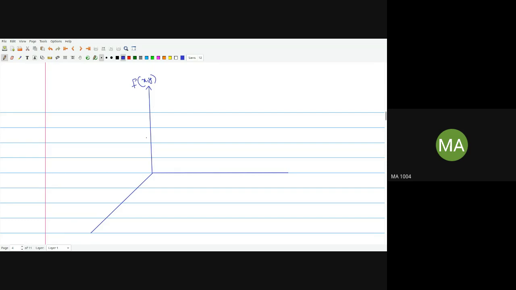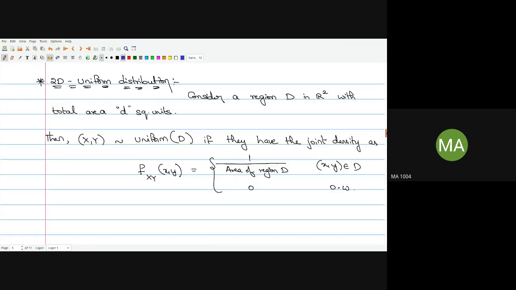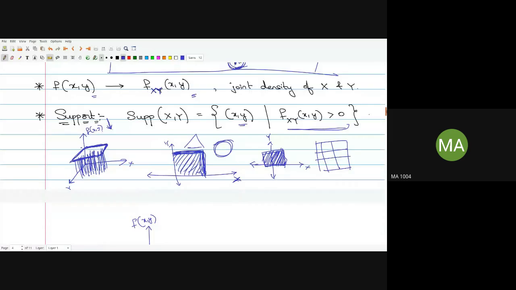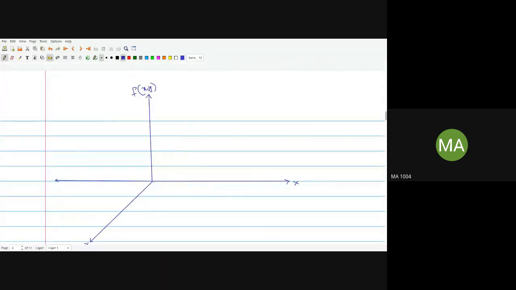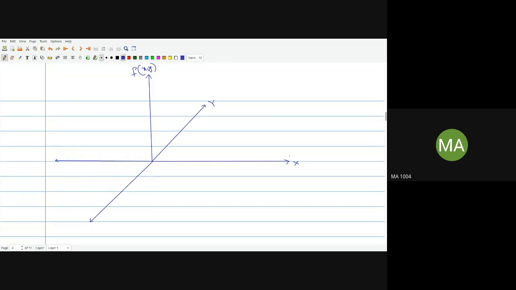That means whatever the curve or the 2D curve comes, that should be above the x and y plane. So this is x and this is y. So let us take the first example only. Okay, so this is x, this is y, this is f(x,y).